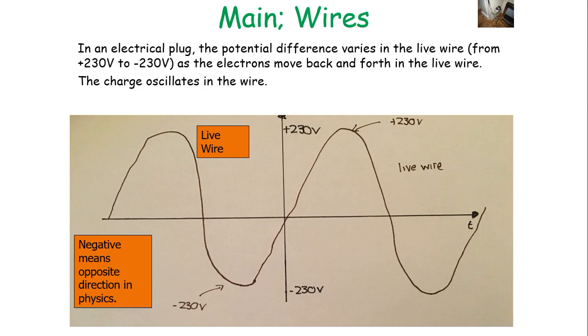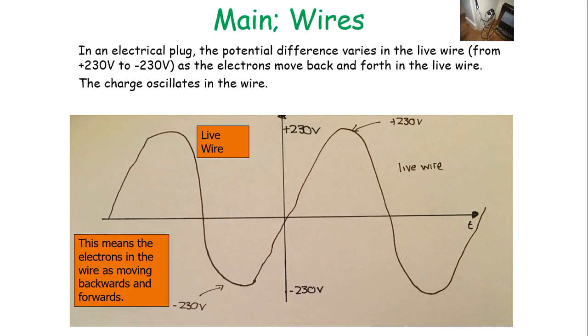Well, that's because in physics, negative means in the opposite direction. So when it's going one way, it's a plus value. When it's going the other way, it's a negative value. As a result, the plus and minus indicates the electrons or the charge in the wire is going backwards and forwards.